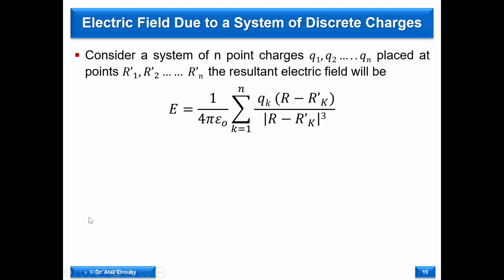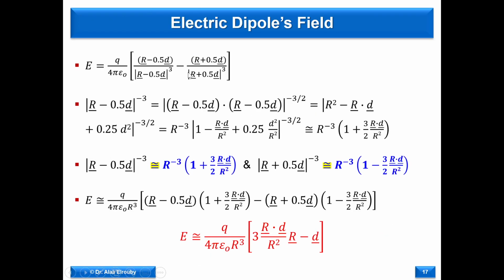Just substituting these 2 position vectors into the expression, the negative charge has a negative sign. R minus R prime for the negative charge is R plus 0.5 d, R minus R prime for the positive charge equals R minus 0.5 d, and the negative charge is negative. So this is the expression.